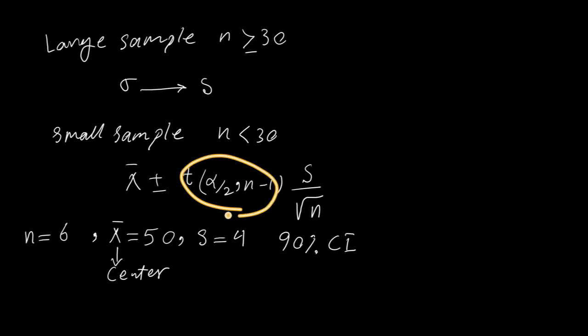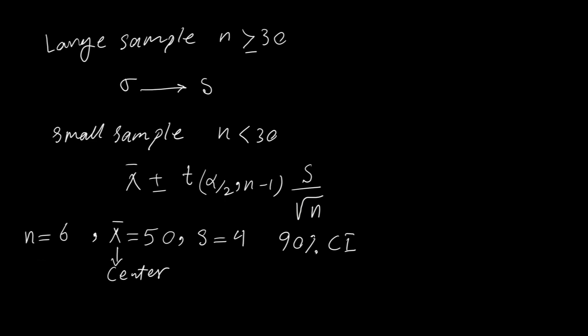So I use the t-distribution. To use it, I need alpha, the significance level. Here, alpha is 1 minus 90%, so it's 10%. And I need alpha half, which is half of 10%, which is 5%. And n minus 1 is the degree of freedom, which depends on the sample size.